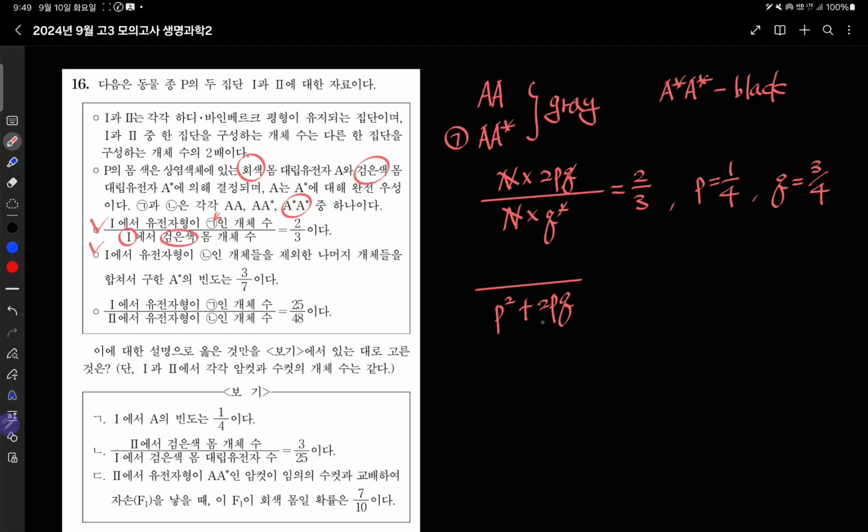And from this heterozygote, half of their alleles are A asterisk. So for the numerator, the frequency is pq.